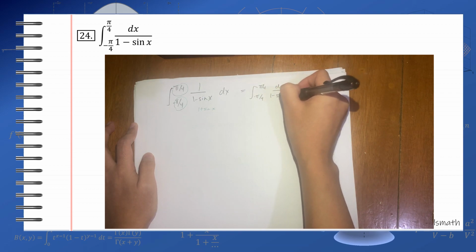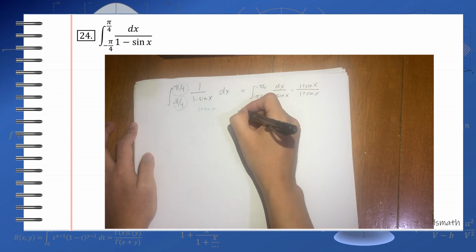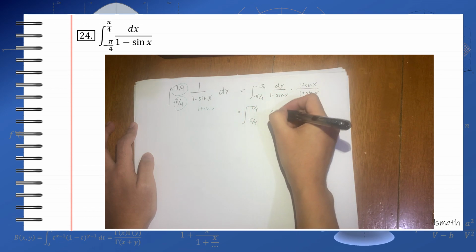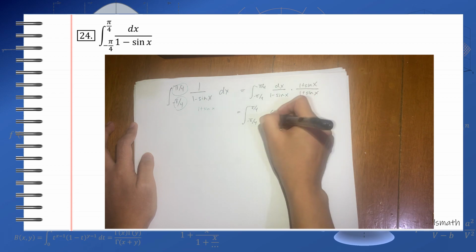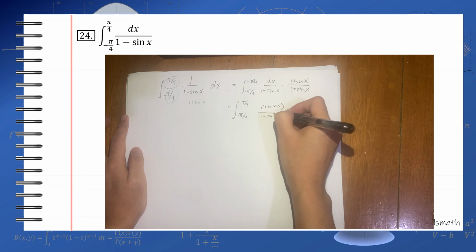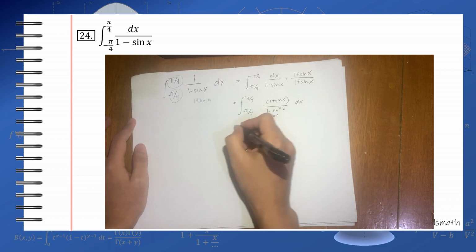1 minus sine x times 1 plus sine x over 1 plus sine x. This becomes negative pi over 4 to pi over 4, 1 plus sine x over 1 minus sine squared x dx. This is cosine squared x.